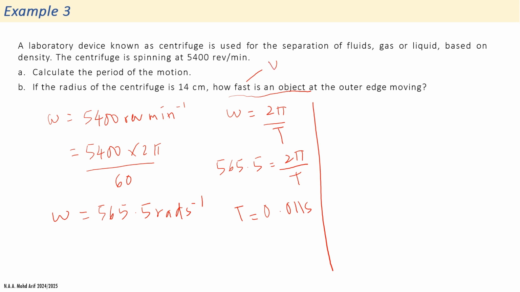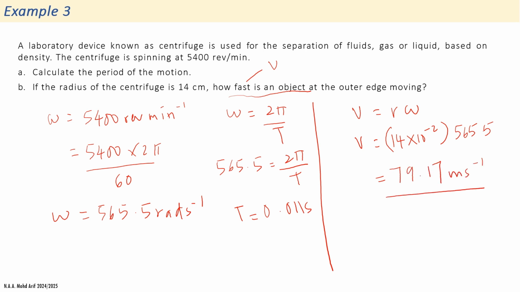So the question asks for v. v equals rω. So r is 14 centimeters, converted to meters, times 10 to the negative 2, and ω is 565.5. So you get 79.17 meters per second.